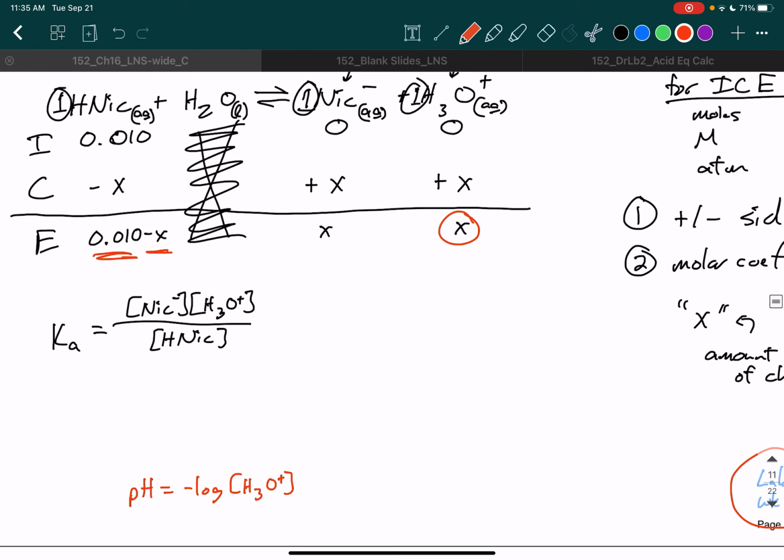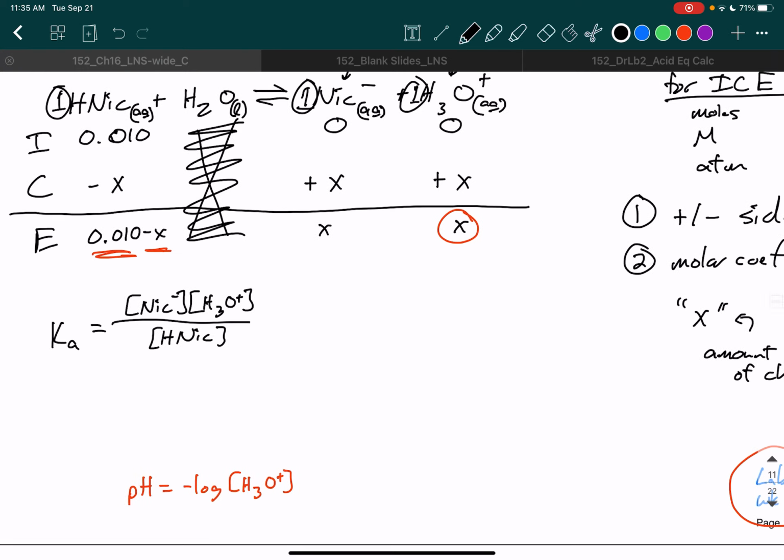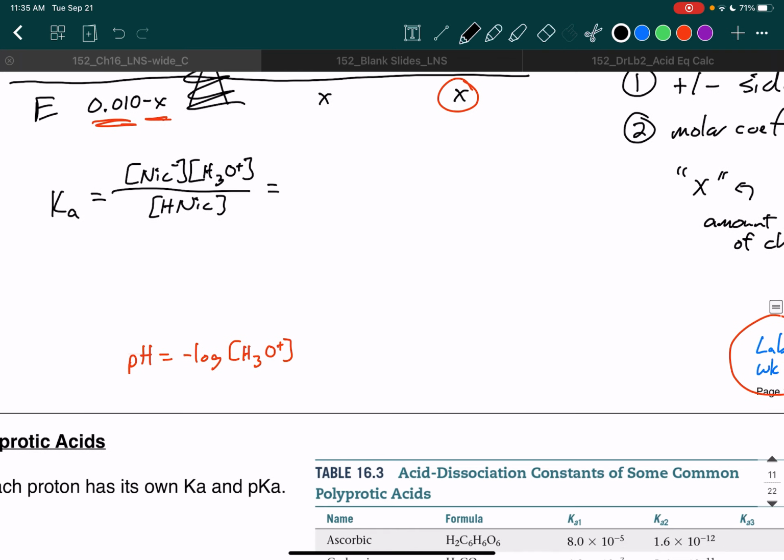And what this looks like is something like this. These concentrations in the Ka expression are dealing with the equilibrium line. Ka is always about the equilibrium state. So I know the concentration of that conjugate base, it's X. I know the concentration of hydronium, it's X. Well, I don't know, but I have an expression that I can stand in for that.